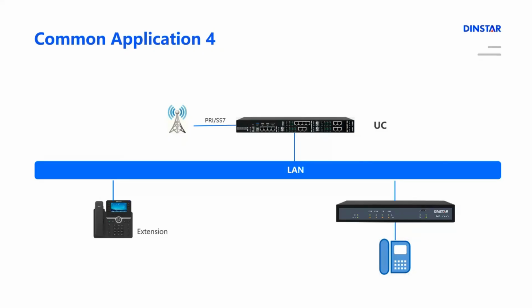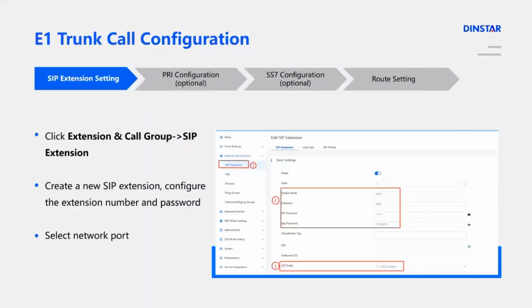And yeah, there are also 3 steps for the configuration. Step 1 is also to configure the SIP extension. And after that is done, we have to do the E1 or T1 configuration.